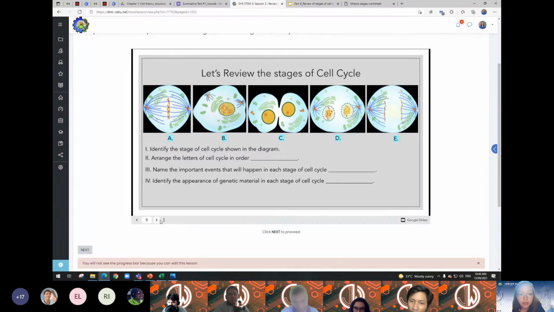Okay. Next. Identify the appearance of genetic material in each stage of the cell cycle. Duque, identify in each, starting from B, A, in order. In B, chromosome. A, chromosome.